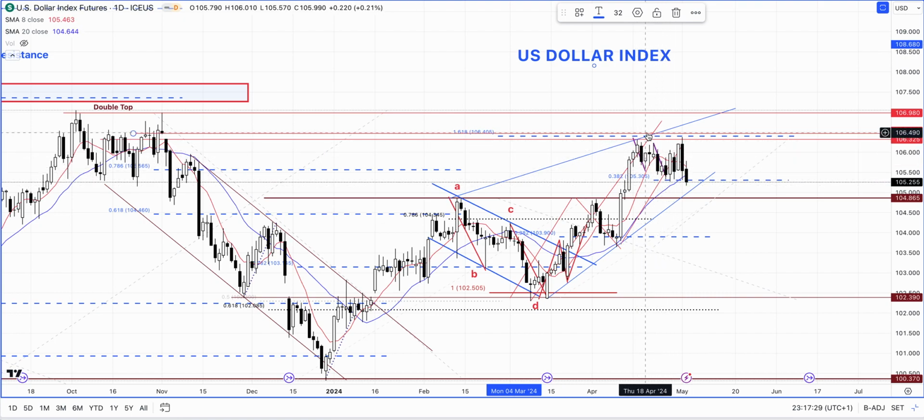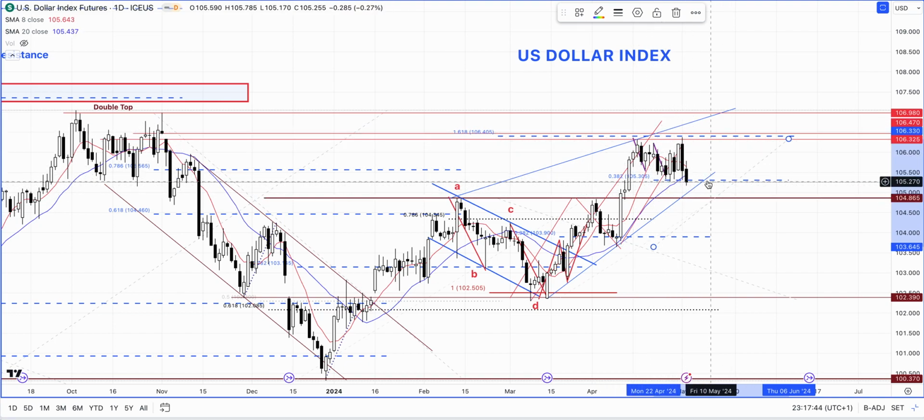Then it did find support on 26th of April, right from the 38.2% retracement of this swing. So this swing low to this swing high, and it did it in an ABCD formation, and because of that the market is actually sideways.